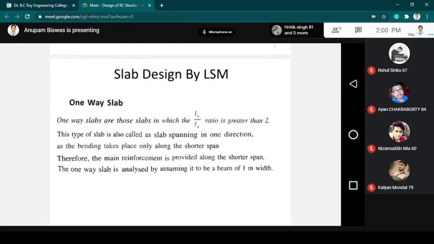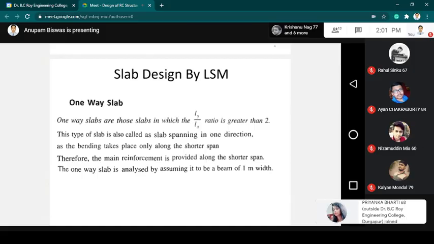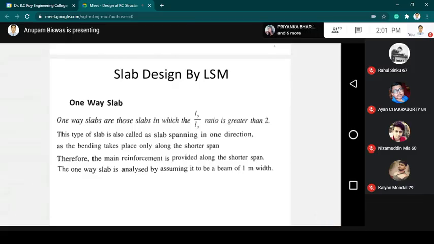So how is the slab classified based on the dimensions? The criterion is when the ratio of the longer span to the shorter span is greater than 2, meaning when the larger dimension is more than twice the smaller dimension, then that is called a one-way slab.